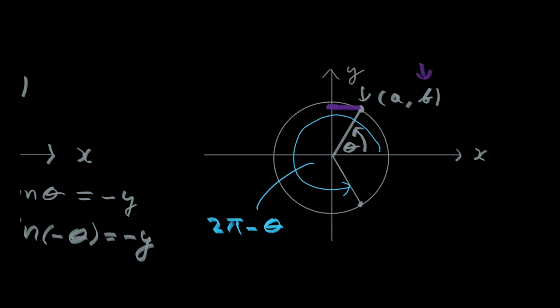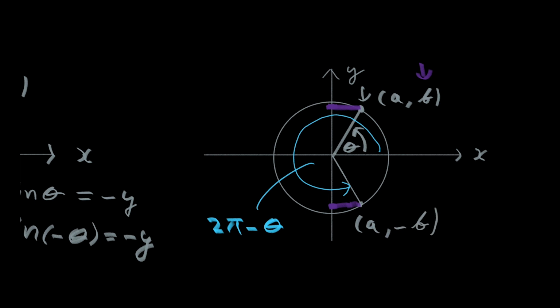Now, let's do the same thing here. Wherever we intercept the y-axis here, since everything is symmetrical, but just flipped downwards, so it's flipped about the x-axis, we know that the coordinates of this point would be a and negative b.